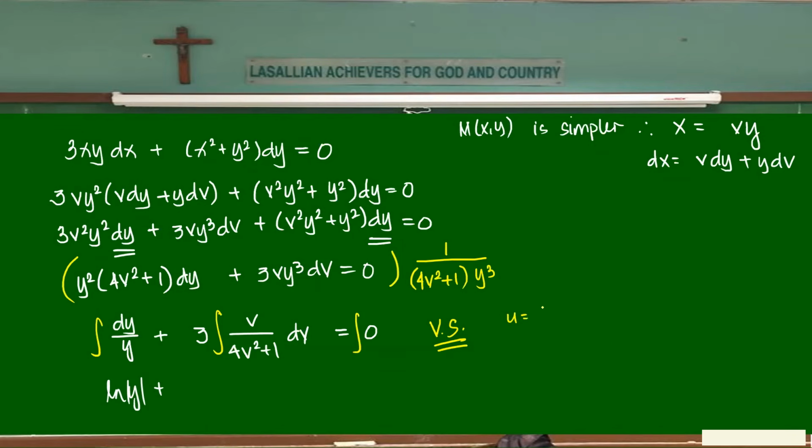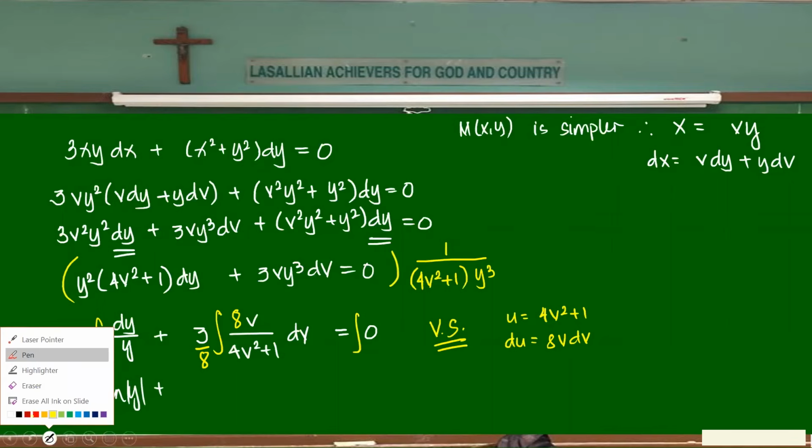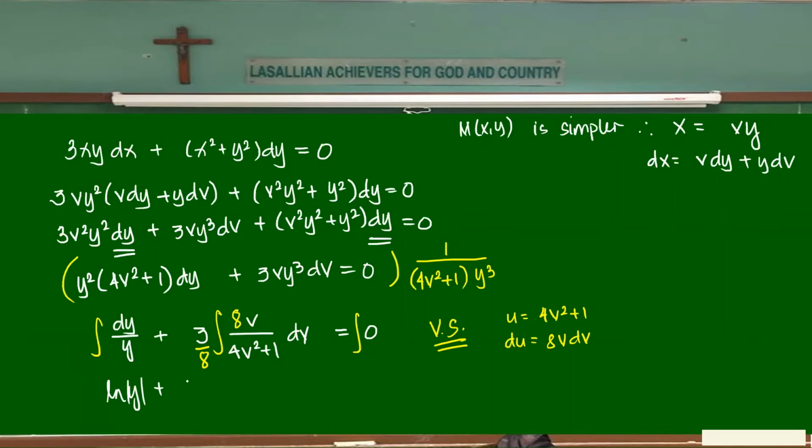If u is equal to 4v squared plus 1, du is 8v dv. Kulang lang pala ako ng 8. I just bring out 1/8. Tama? Because it's simply du over u. It's just an ln. So that's 3/8 ln of 4v squared plus 1 equals c.